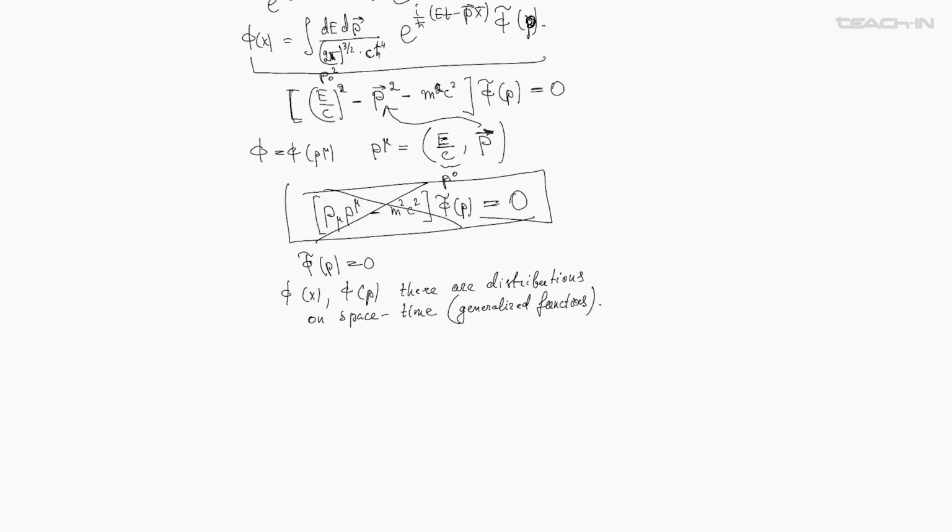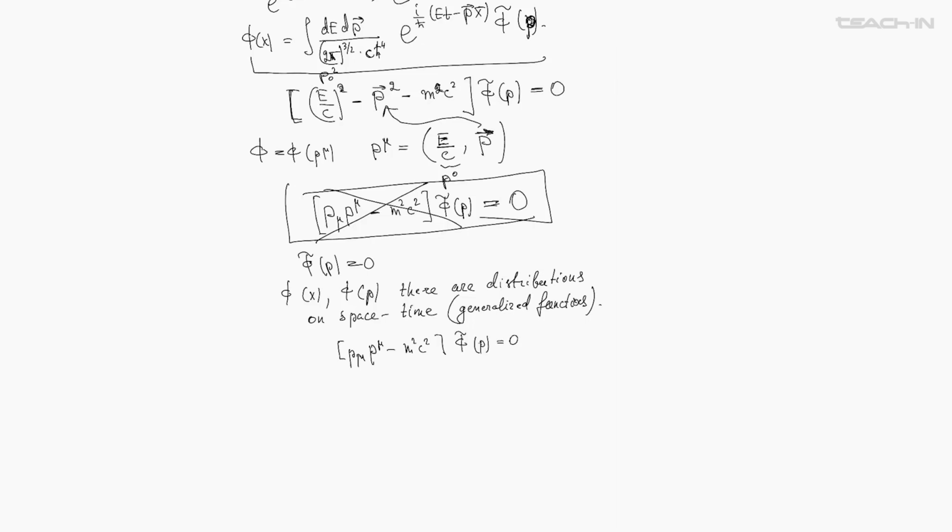In any case, if we understand the field phi in the distributional sense, then this equation here, p mu squared minus m squared c squared multiplied by phi tilde of p equals 0, has the following solution.